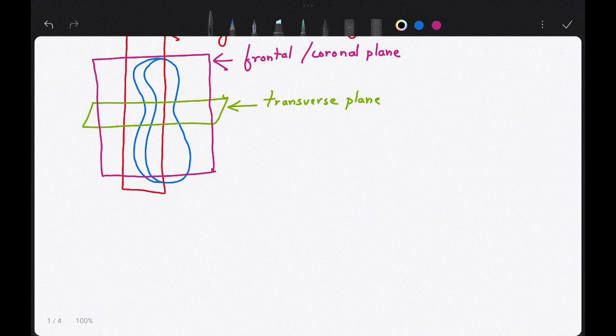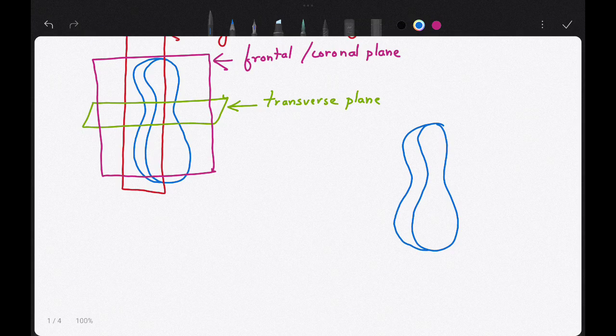Now these are the planes. Now you have to learn about axes. You have read about different types of axes. What are these axes? X axis, Y axis and Z axis. In any 3D structure you will find these axes.